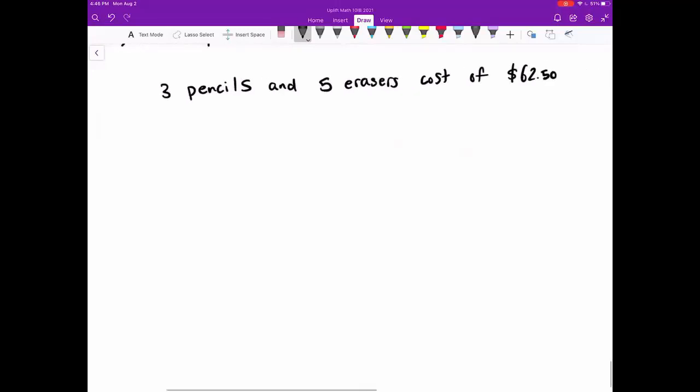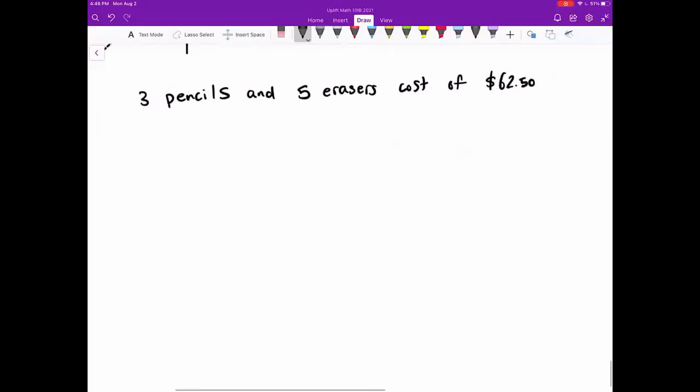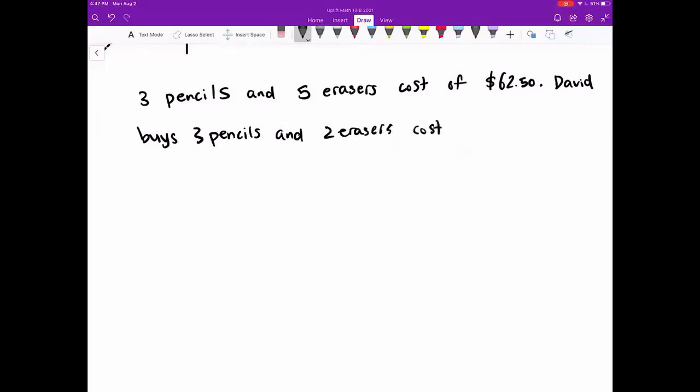That's expensive. And then I go in there and I buy 3 pencils and 2 erasers for $52. So this word problem would be the system of equations, and you're going to have to solve for 2 of the unknown amounts.